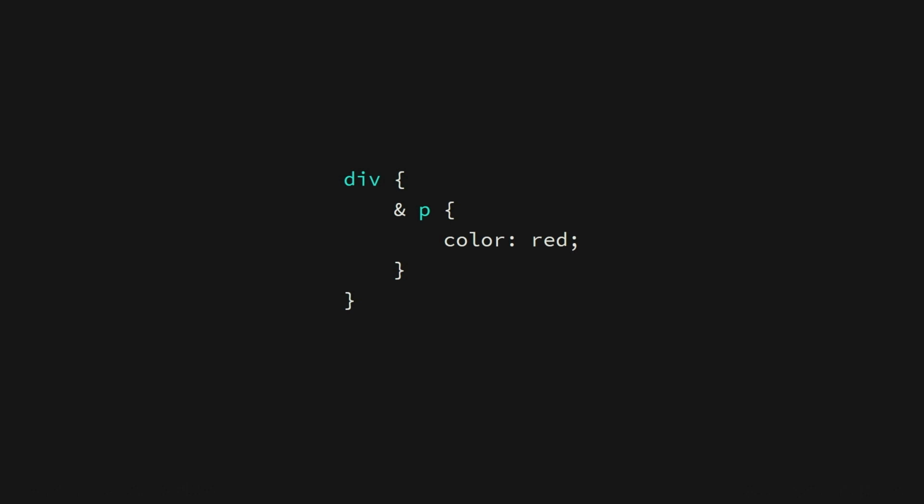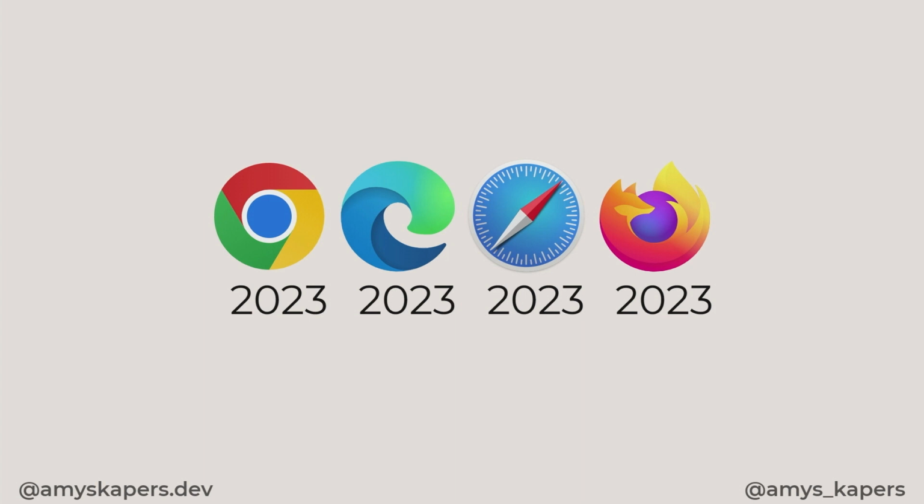Now, depending on what language you've used, it could have an ampersand, or I think some of them use other symbols, or it might just natively select without having to use anything else. Now, the great thing about this is we don't need a build tool for that anymore.